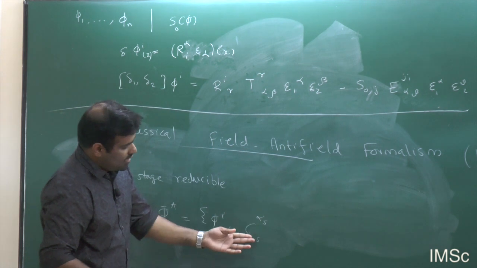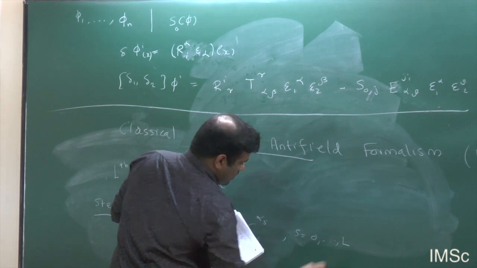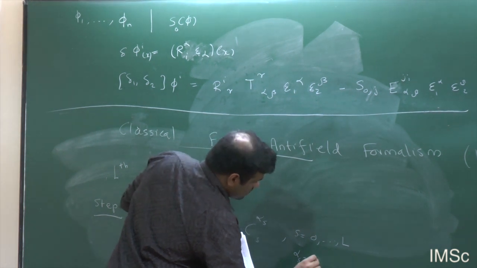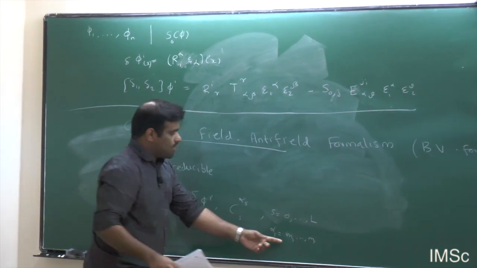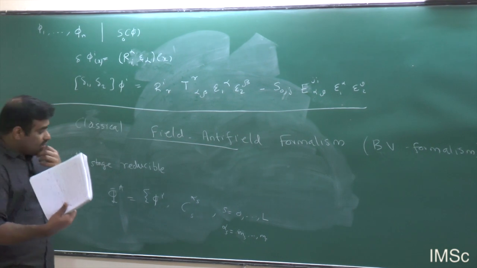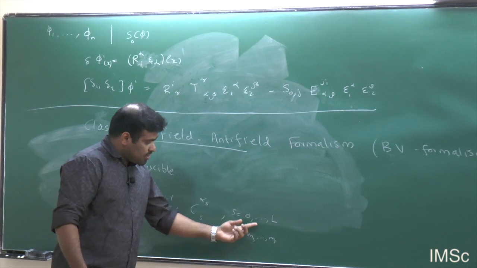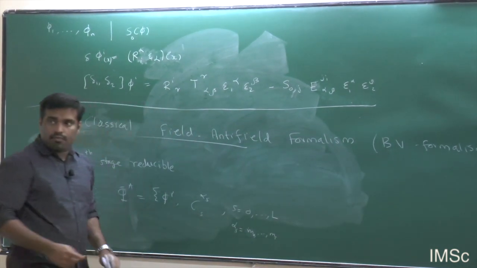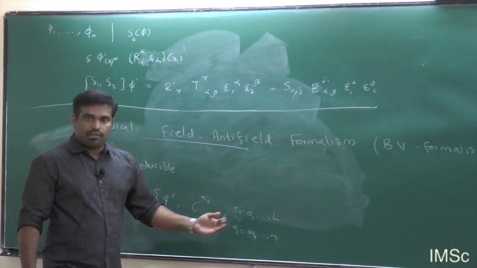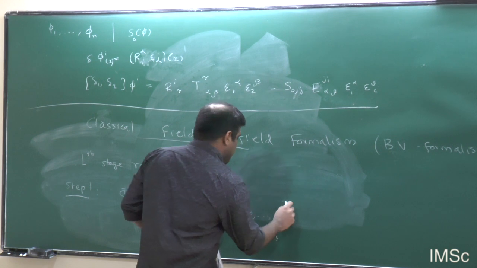So this is C^{alpha_s}_s, where s runs from 0 to L, and alpha_s runs from 1 to M_s. Here M_0 corresponds to the number of gauge transformations that you can have at the 0th stage, and all of these gauge transformations may not be independent. So this is the first step.